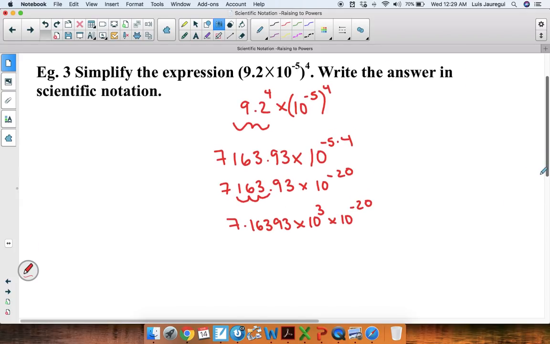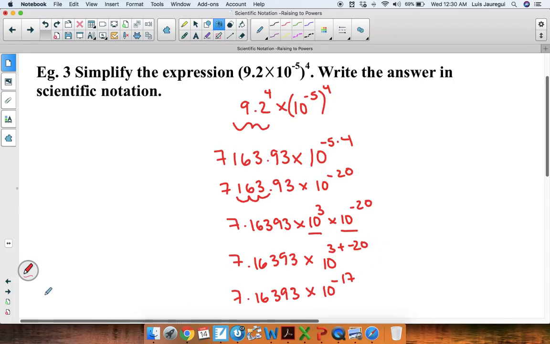Again, we already have a number between 1 and 10, so let's keep it at 7.16393 times, since we are multiplying two factors with the same base, we keep the base and add the exponents. So here we have 3 plus negative 20. So this becomes 7.16393 times 10 to the negative 17, since 3 plus negative 20 is negative 17.